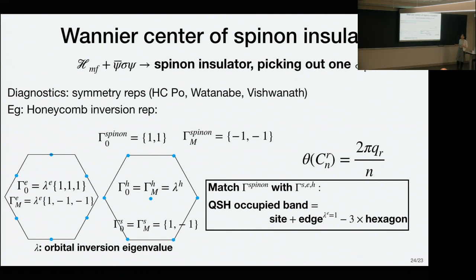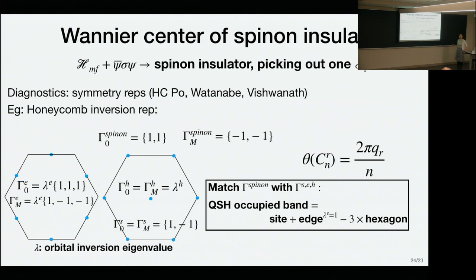So let's go back to this Dirac spin liquid case. In our case, we have a free fermion hopping band problem. And to extract the atomic limit, we use the technique, developed in recent years, of using the symmetry representation at high symmetry points in the Brillouin zone.